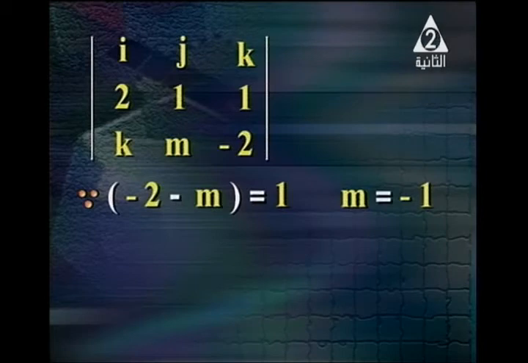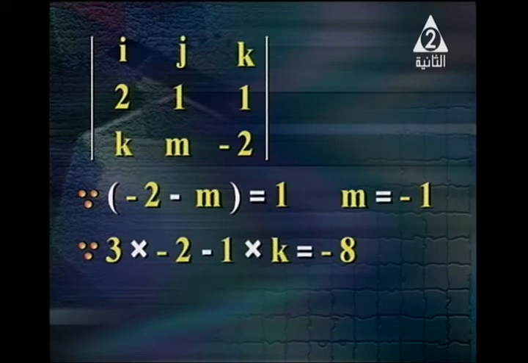Look at negative 2, negative 1: the moment component about x is negative 1. In this case, negative 2 minus m equals 1. By substitution, we find m equals negative 1.